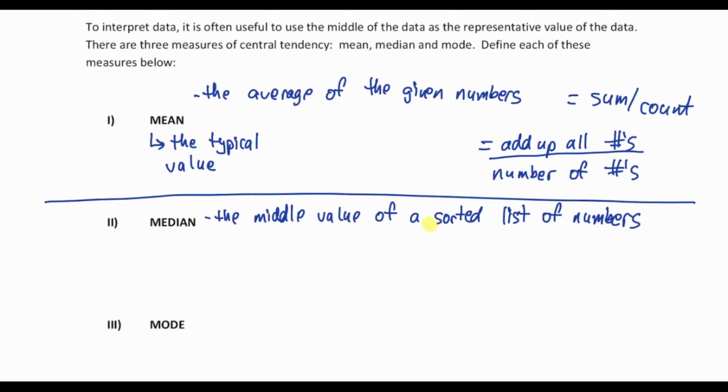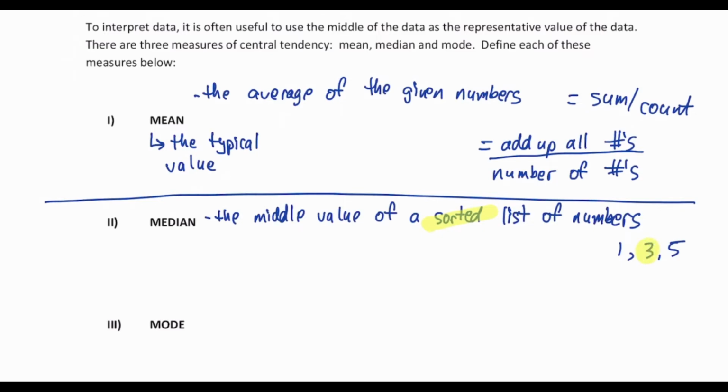So I need to take my numbers and put them in order from largest to smallest and then find the middle number. So if I give you a bunch of random numbers that are scrambled, you need to put them in order first before you find the median. And just as a really quick example, let's say I have the numbers 1, 3, and 5. My median would be 3.